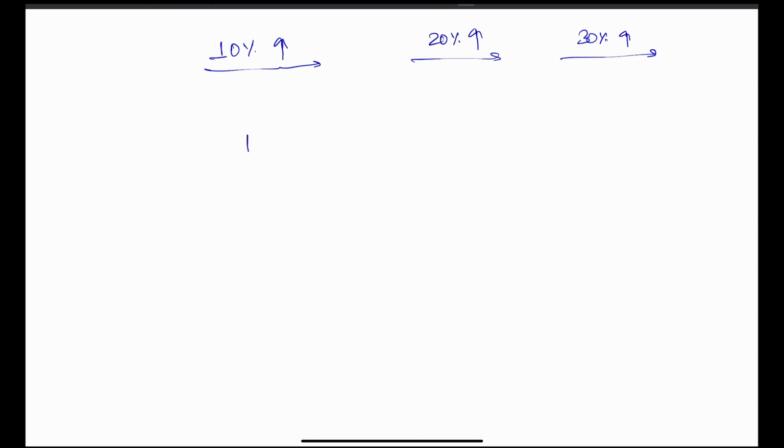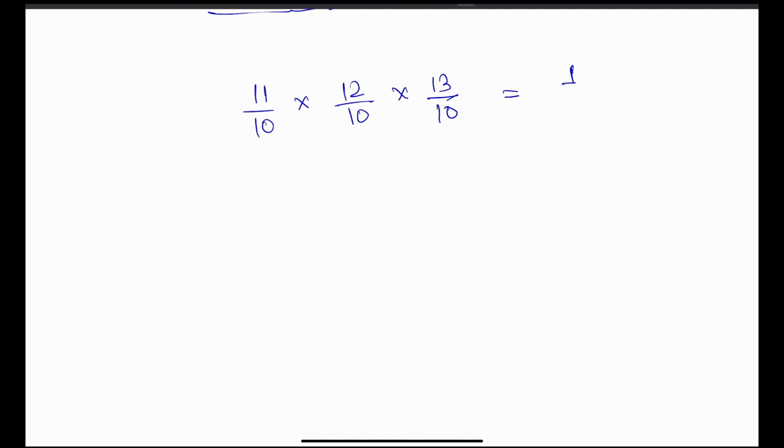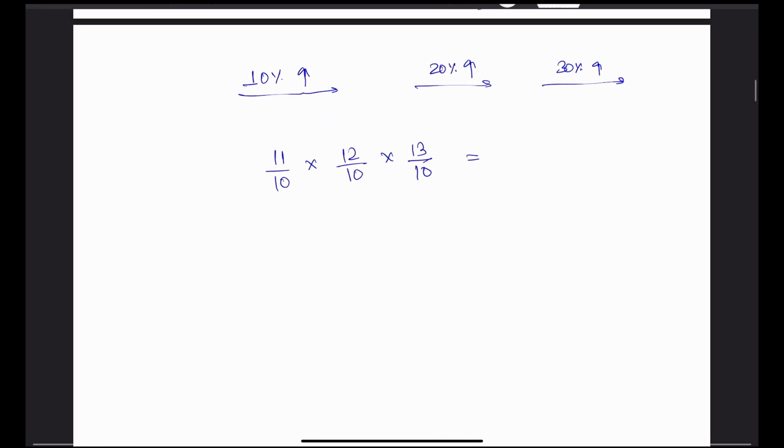This will be 11 by 10, this will be 12 by 10, this will be 13 by 10. So it is nothing but 1.1 into 1.2 into 1.3. Eventually it is the same thing only.